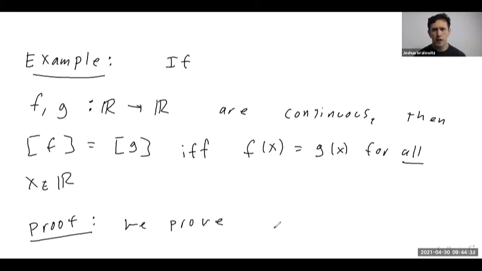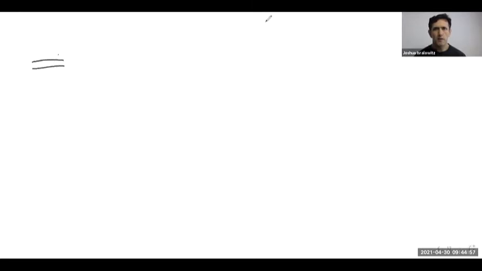So we're going to prove that the converse of this, there exists x0 where f of x0 is not equal to g of x0, is equivalent to these two classes not being the same. Okay.